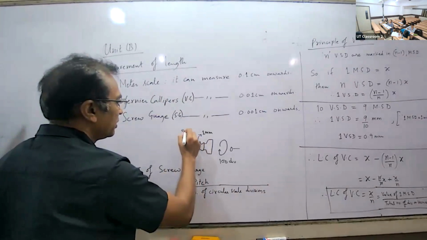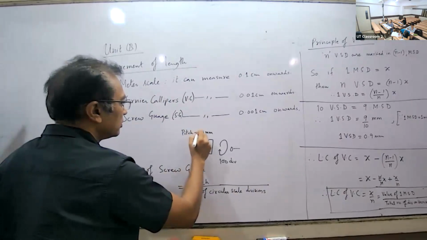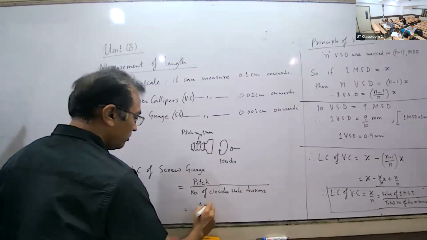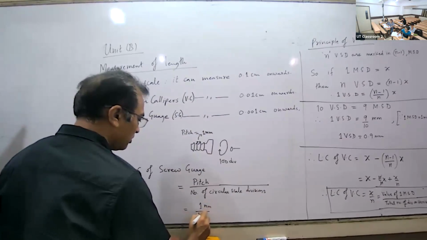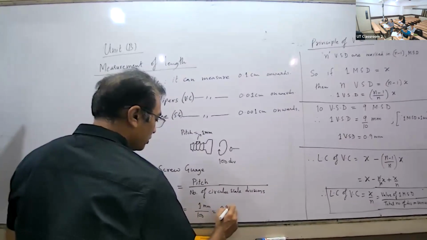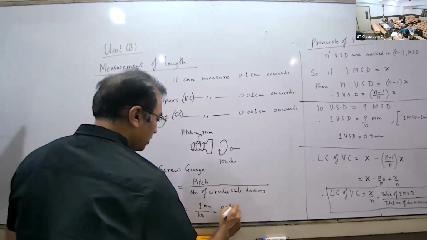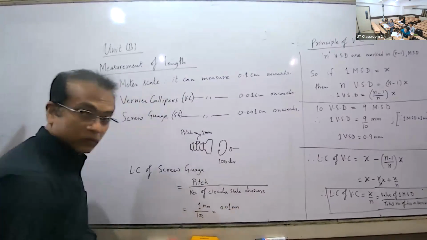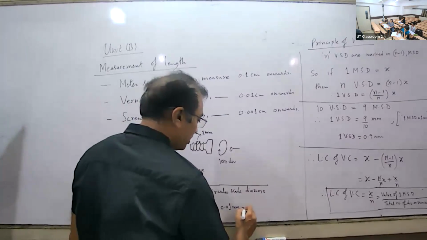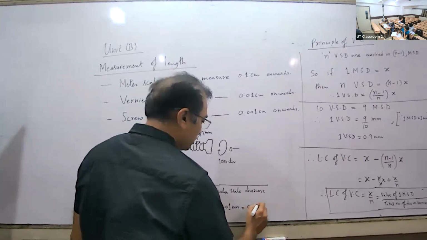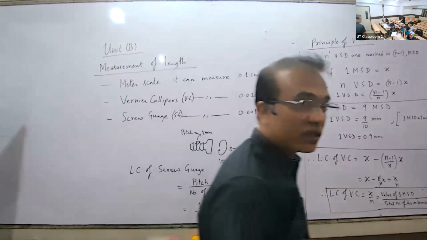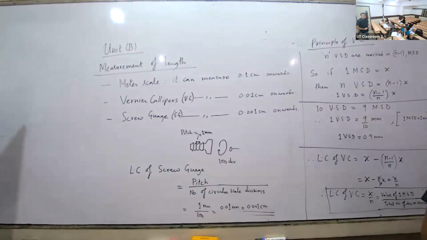Pitch is generally 1 millimeter, so 1 millimeter divided by 100. How much is it? 0.01 millimeter. Correct? 1 by 100 is 0.01 millimeter. So how much centimeter is it? 0.001. So this is the smallest length which a screw gauge can measure.